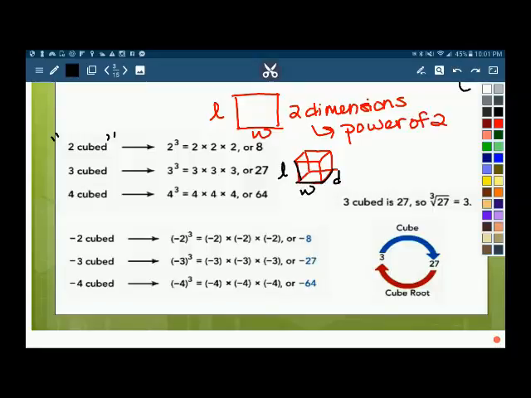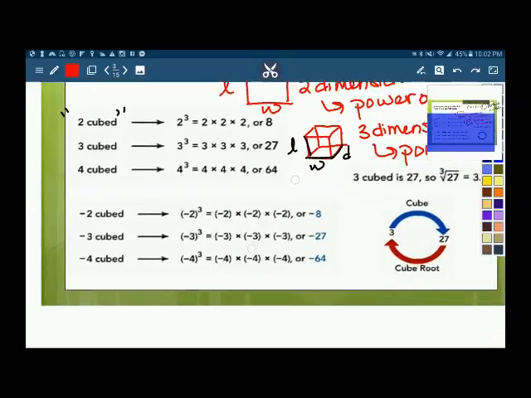Okay, so that's 3 dimensions, which is why this is going to have a power of 3. So just like we related the word square to a power of 2, we're going to relate the word cube to a power of 3.